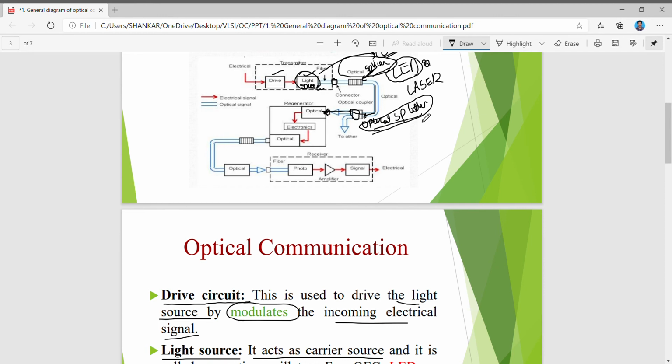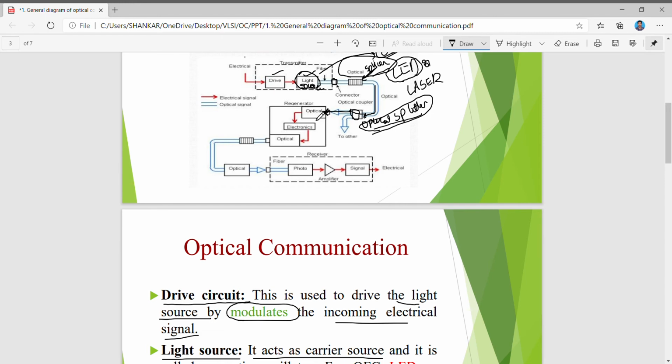is used to split the incoming light signal without losing any information. Whatever information you have will be split into a number of signals, but there is no loss of information.